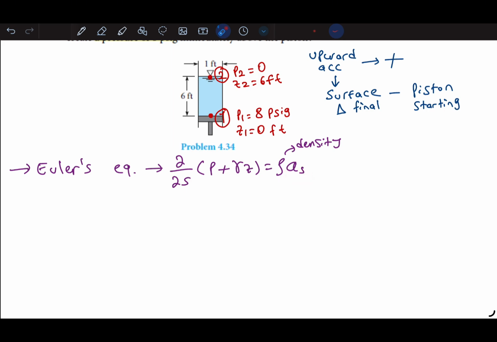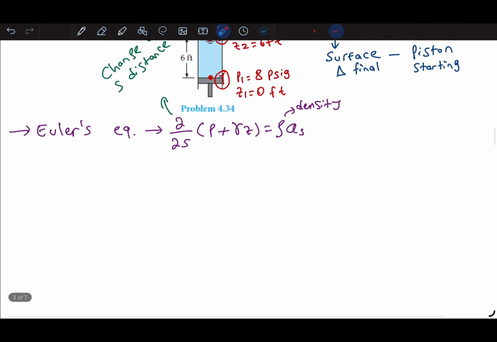So we have dS. Here, this says that this is the change with respect to S distance. So we can use delta instead of this partial derivative.